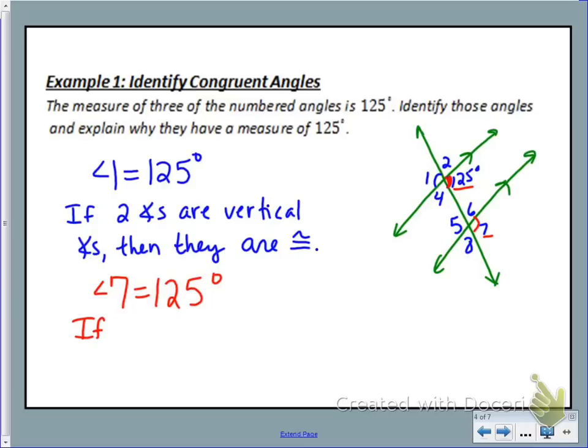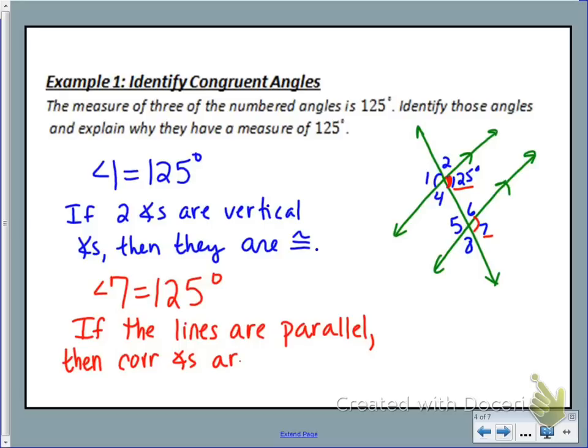If the lines are parallel, then corresponding angles are congruent. So our if for the new relationships that we're seeing today is going to describe the lines as being parallel. If we weren't given that these 2 lines are parallel, that would not be a statement we could make.